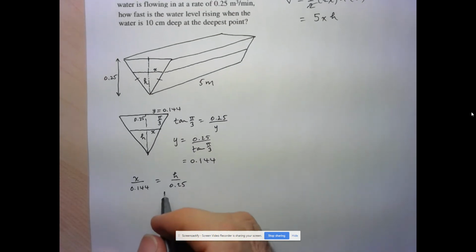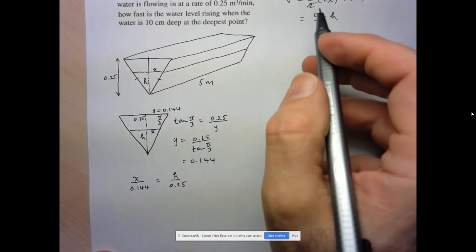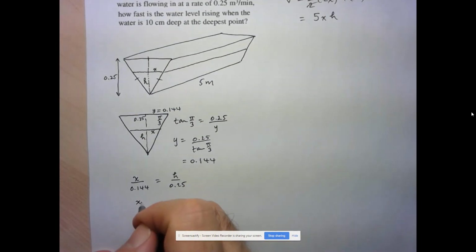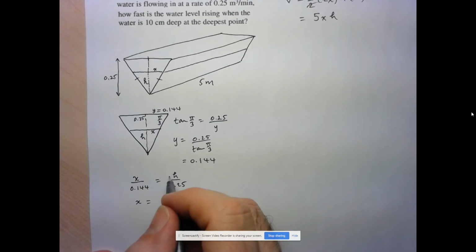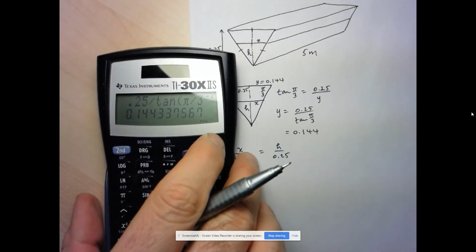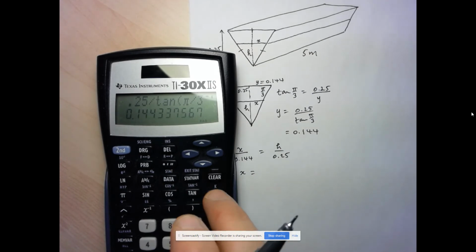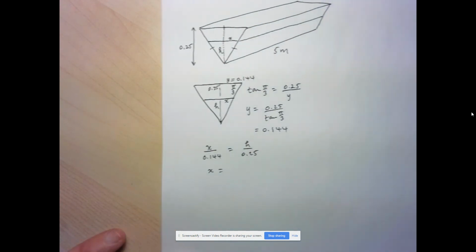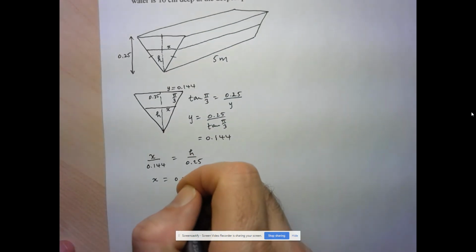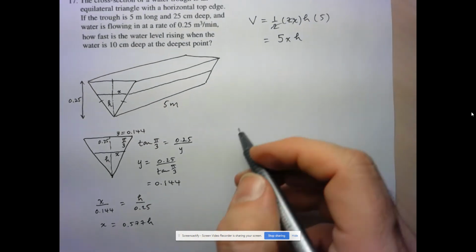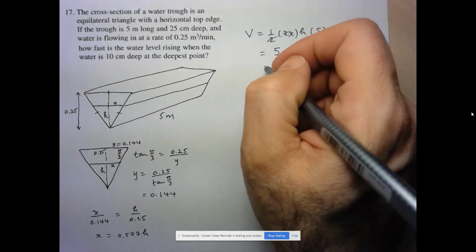As we said, we're going to isolate X and substitute into our equation because I want H to be the one that remains. So X is going to be equal to 0.144 divided by 0.25, times H, and that's 0.577 H.